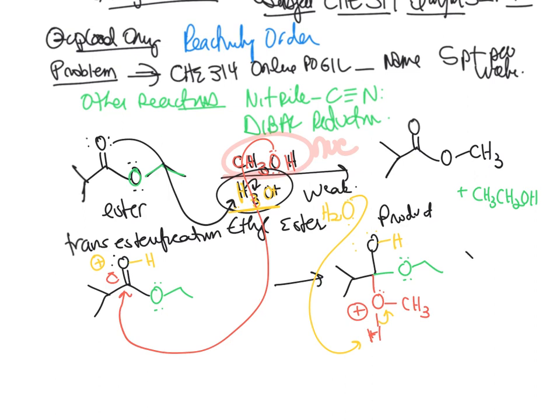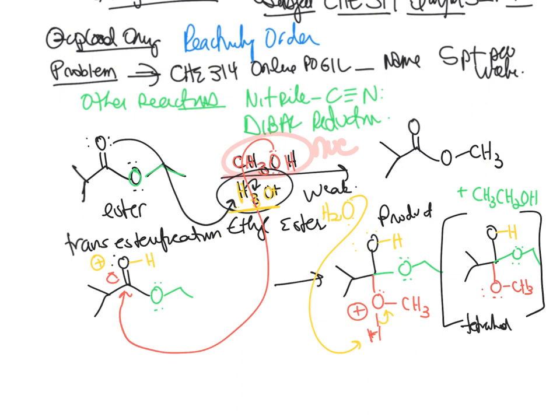The other thing is, when you're saying you have a certain intermediate, it's important to make it a neutral molecule. To be technically correct, this would be your intermediate, and we put it in brackets like that. So there's your tetrahedral intermediate.